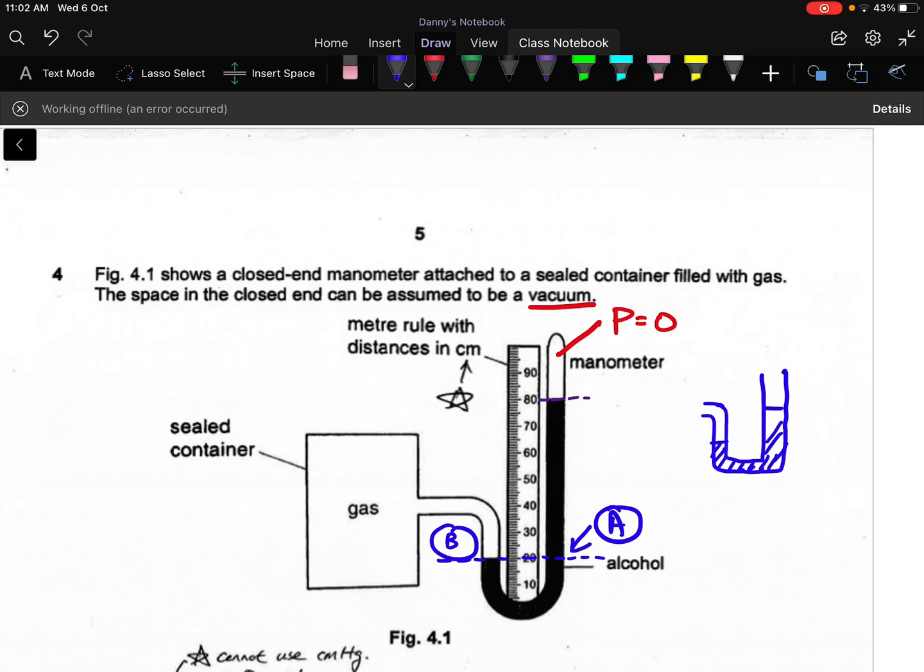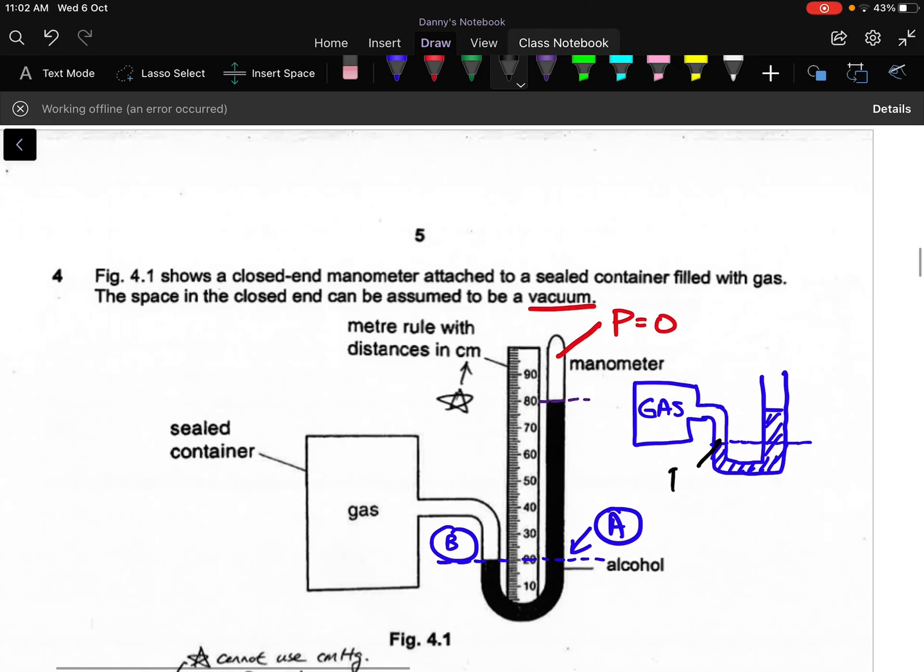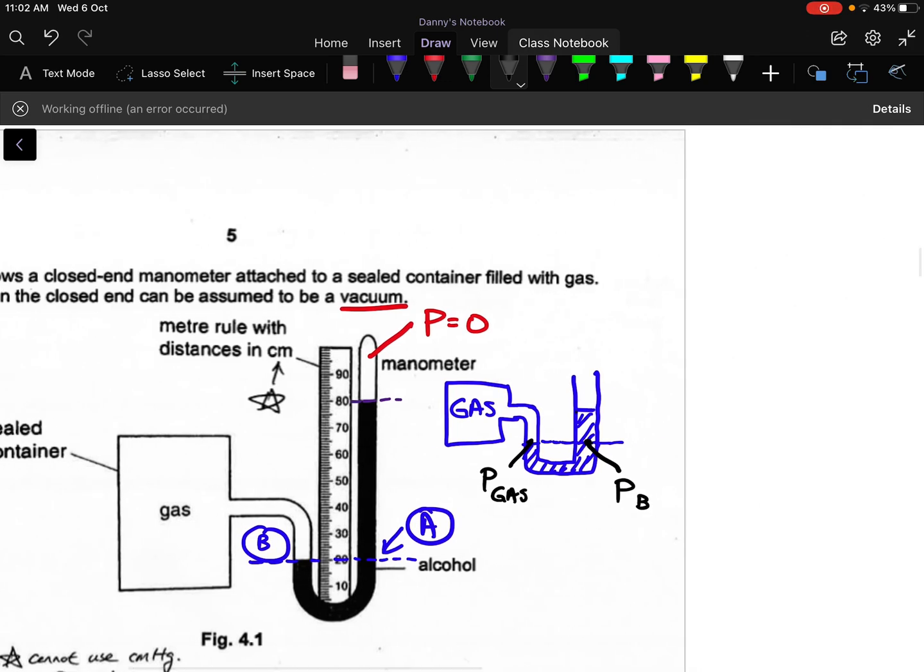If you see a barometer with an opening and this side connected to a certain gas supply, then please take note, the pressure of the gas supply, which is here, will be equal to the pressure at B, which is here, and this pressure at B consists of the pressure from this column plus the atmospheric pressure. So we can write pressure of gas equals pressure of the column plus pressure of the atmosphere.